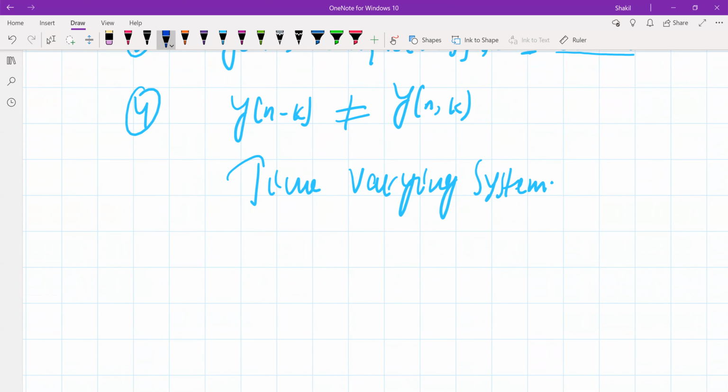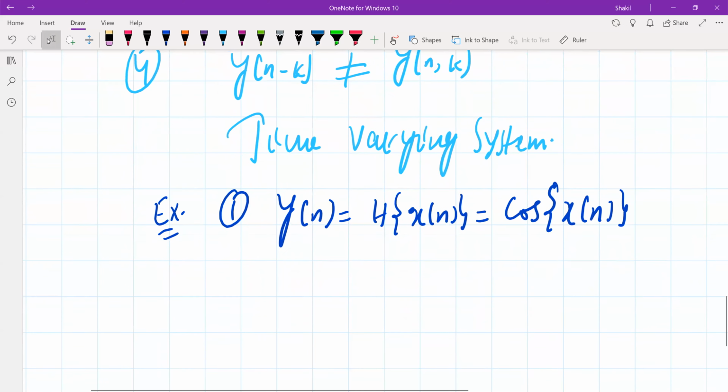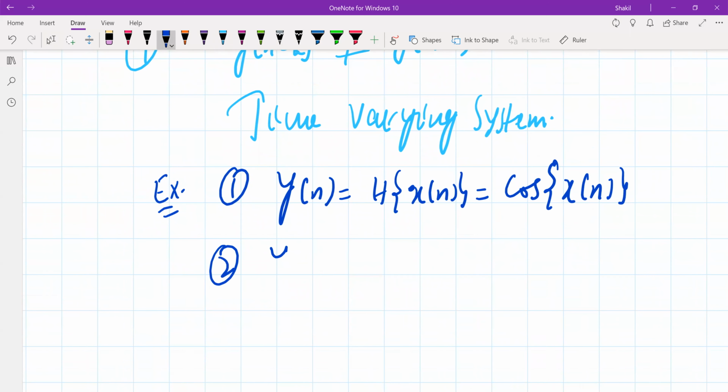Now let me write some examples that you will solve on your own. Let's suppose this is our system, and the output of the system is cos of x of n. So this is the first example that you will do yourself.